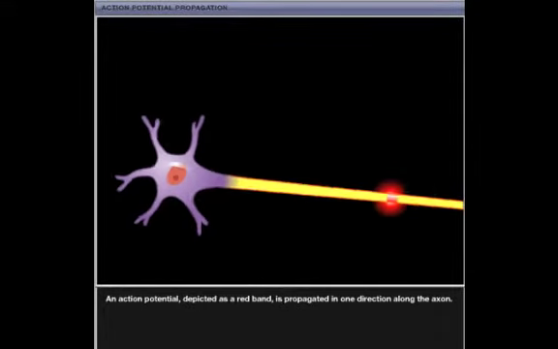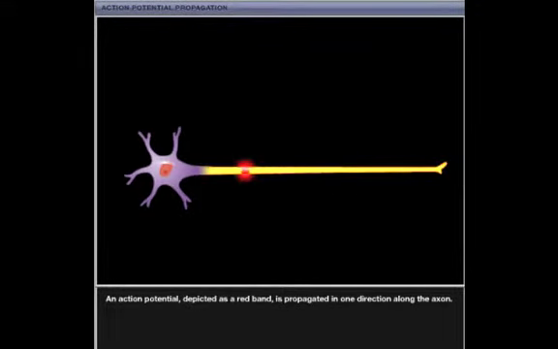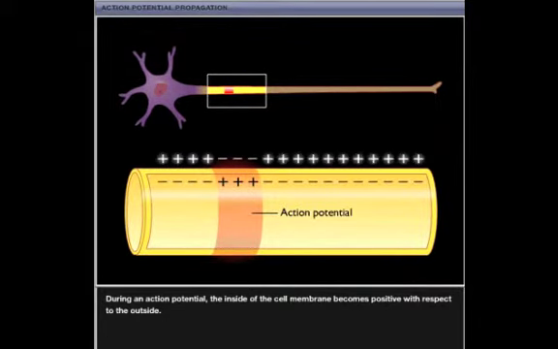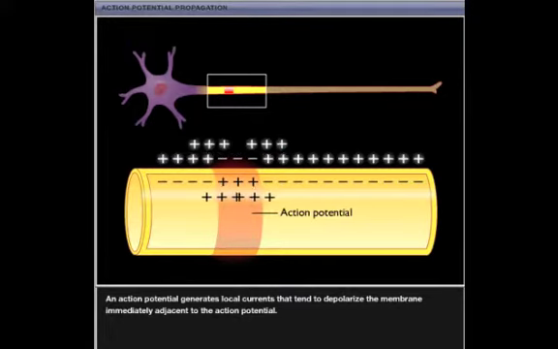An action potential, depicted as a red band, is propagated in one direction along the axon. During an action potential, the inside of the cell membrane becomes positive with respect to the outside. An action potential generates local currents that tend to depolarize the membrane immediately adjacent to the action potential.